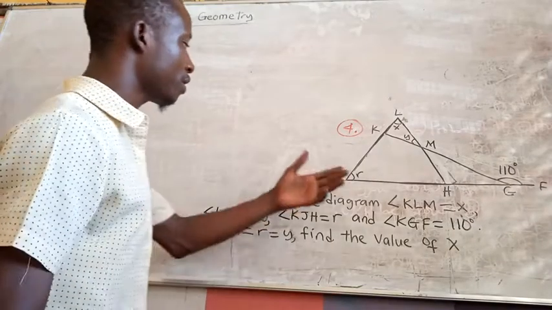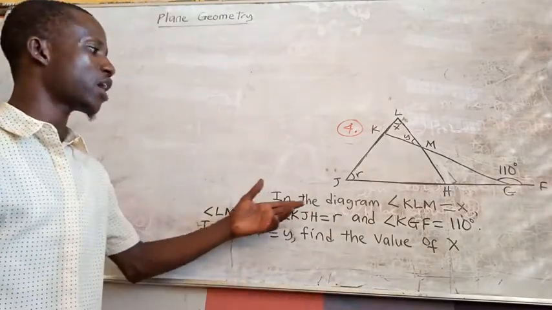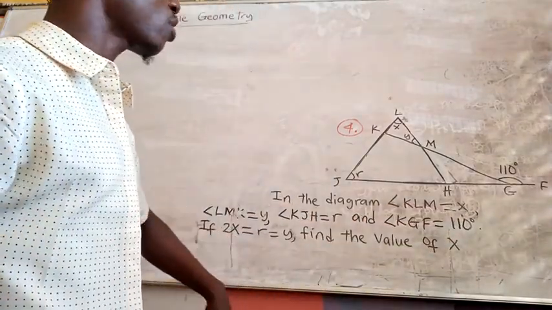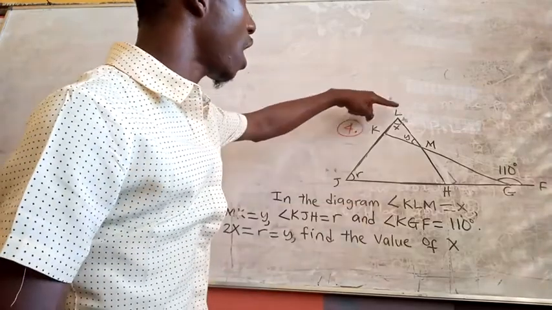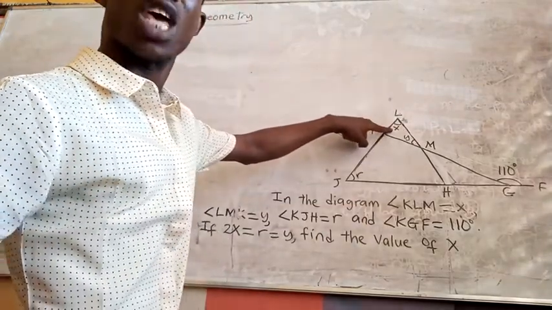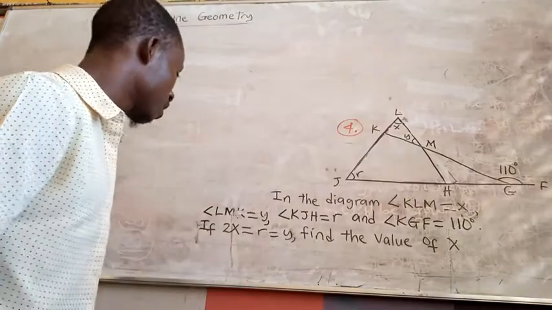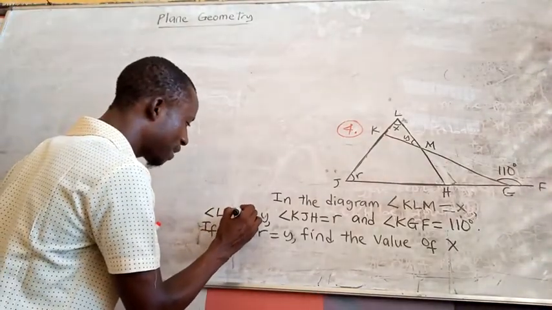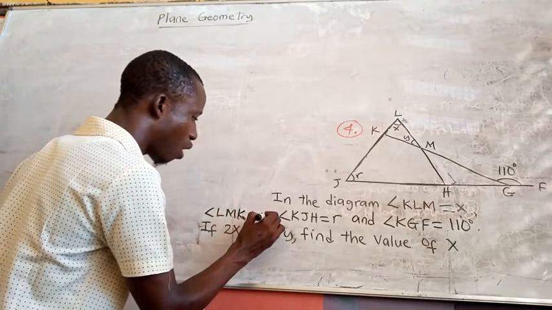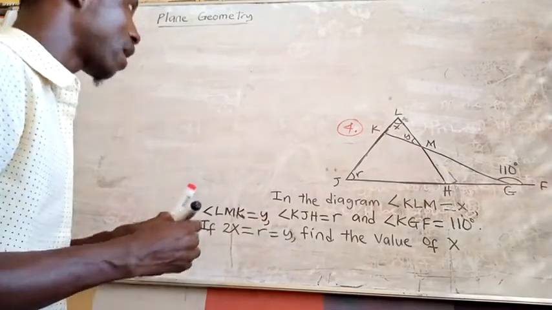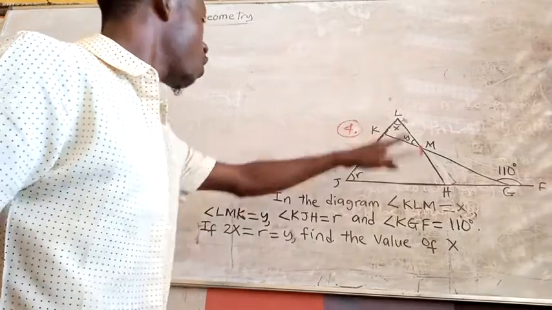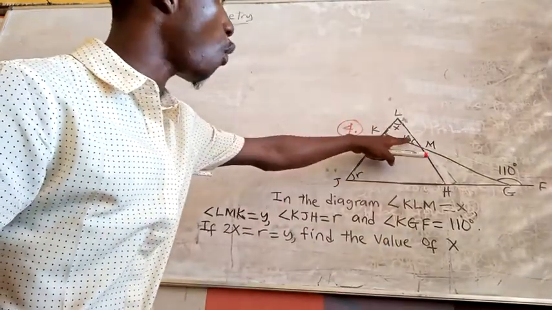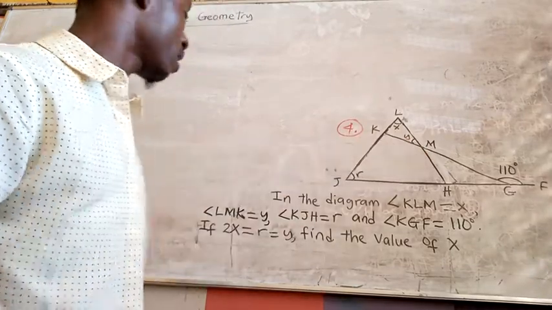In the fourth problem, we are told that in the diagrams, angle KLM is equal to x, which is already given in the diagram, and angle LMK is equal to y, which is also given in the diagram.